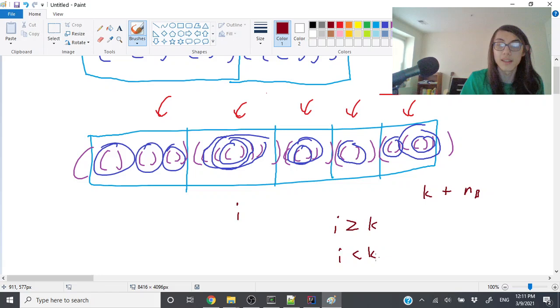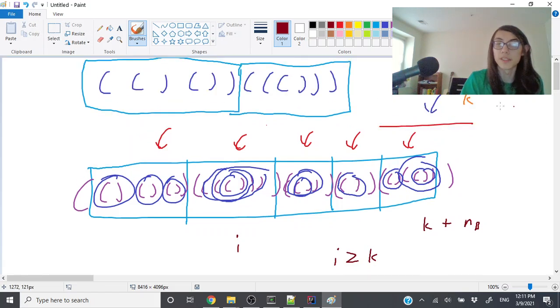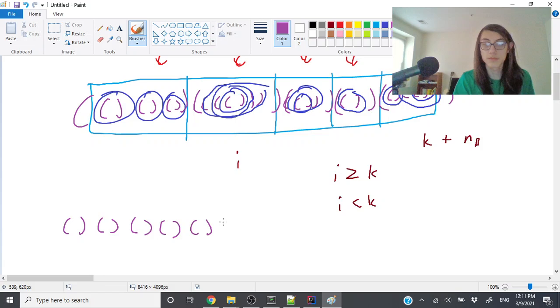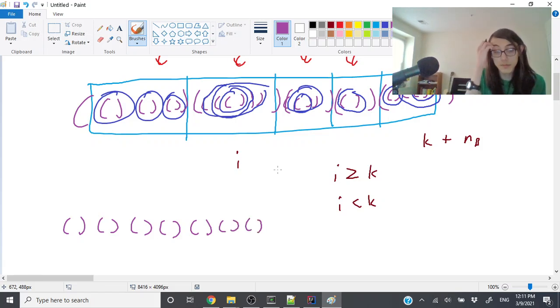And otherwise, if I is less than k, then we're going to have more subarray operations by the time we remove all the internal pairs. So we're really going to have a final string that looks like this, where every single pair is a block. And we have to remove all this with the prefix operations, and every internal pair uses exactly one move.